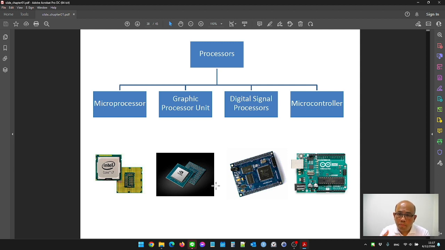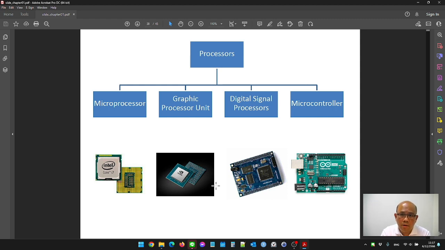For the microprocessor, we can group it into 4 types. The first is the microprocessor. The word microprocessor came before the GPU, DSP chip, and microcontrollers. The microprocessor appeared about before 1980, when Intel and Motorola created a microprocessor chip.